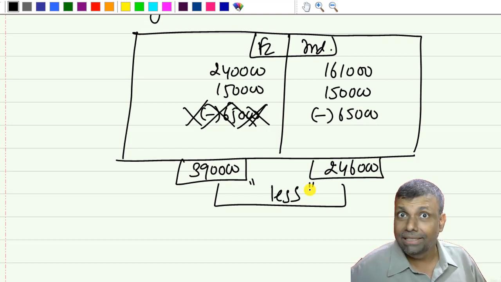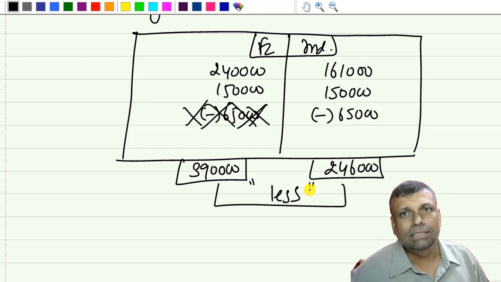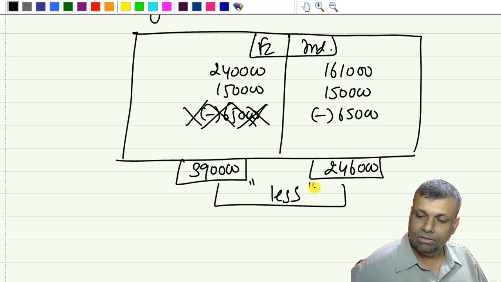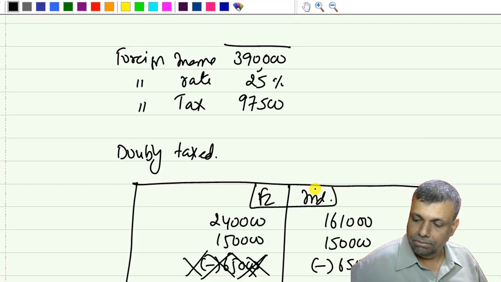No law says that these or these, whichever is less. Keep that in mind. Law doesn't say that. But in our understanding, inside our memory, you can say these or these, whichever is less. So that is your doubly taxed income.